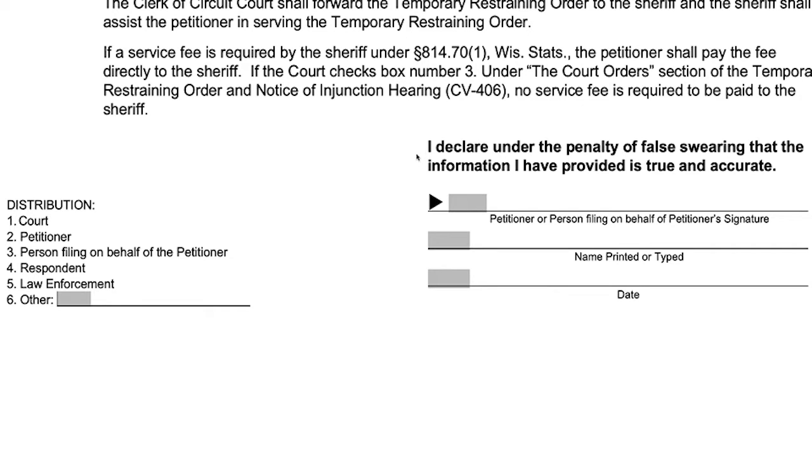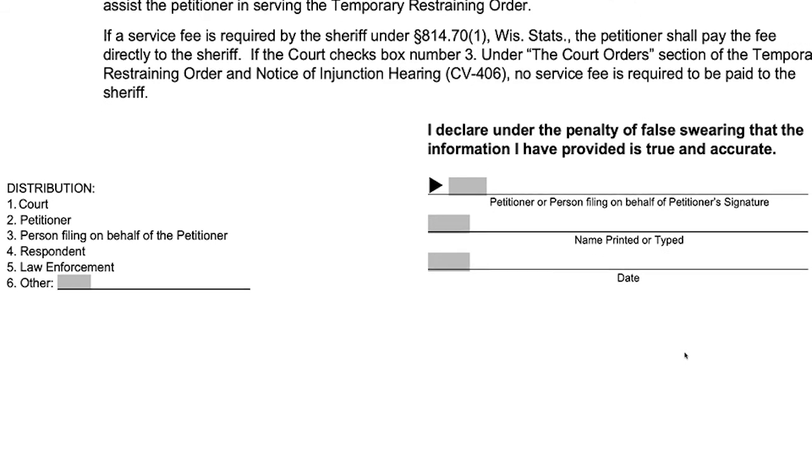And if you don't know something for sure, you can state it as an opinion. You can say it's my opinion that XYZ might be staying at location T. But don't say anything is a fact unless you know it's a fact for sure. Next, either you or the person who filled the form out for you will sign, printed or typed name, and date.